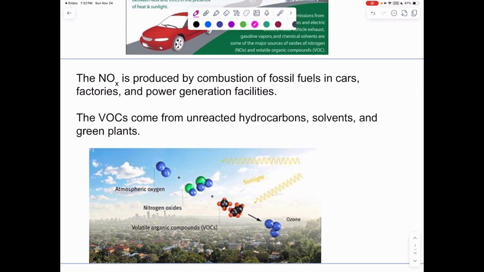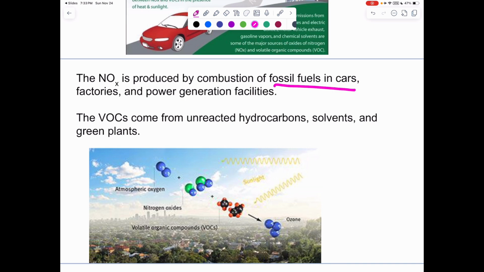Now, we've briefly talked about this before, but these nitrogen oxides are produced by the combustion of fossil fuels in cars. We mentioned how they come into the exhaust, and because they're a part of the air that is drawn in, they then, under high temperature conditions, react and produce NOx.